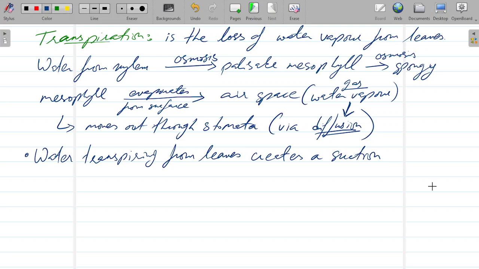It creates a pull. Right? And that pulls water up the stem, and that goes all the way to the root, which is talked about, right?